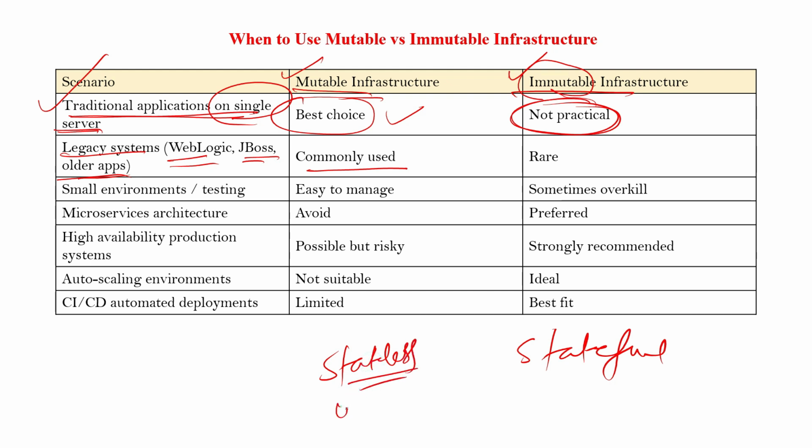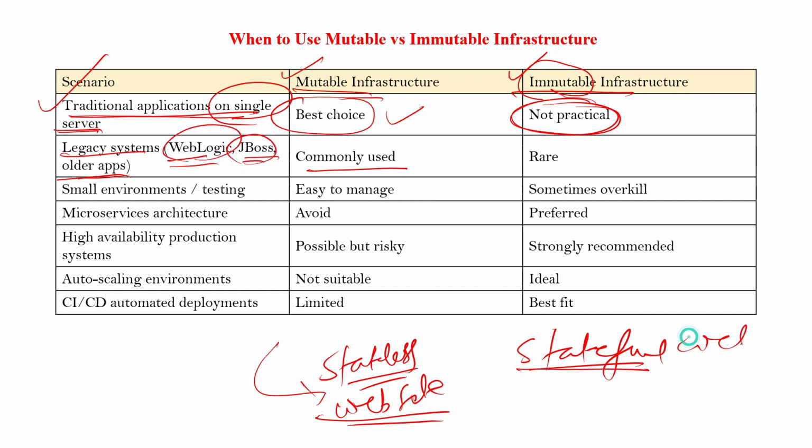Stateless, for example, is a simple website where you do not have any kind of session data. Session data, in the sense, let us talk about the application server WebLogic. In WebLogic, we have JMS, Java Messaging System, which is used for exchanging messages between different applications. Suppose application A wants to send a message to application B, so the message is stored in your application server.